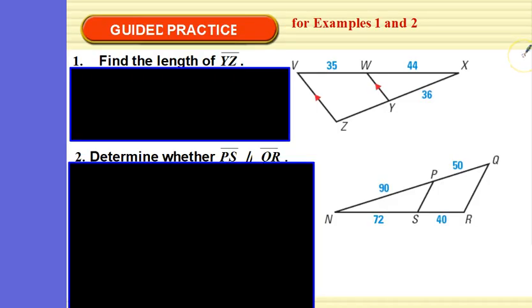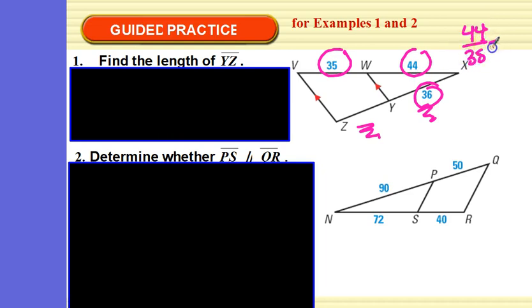Find the length of YZ. So because these are parallel, I can do this is to this as this is to what, right? 44 is to 35 as 36 is to what? So cross products and solve. 35 times 36, 1260, equals 44 times x. 1260 divided by 44.